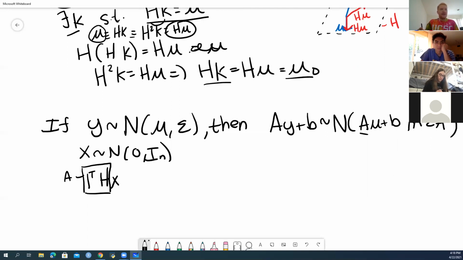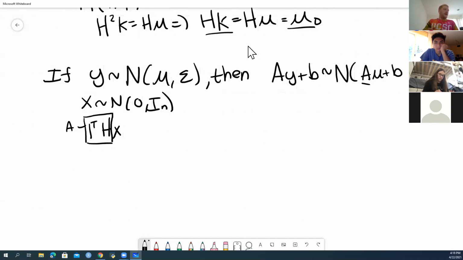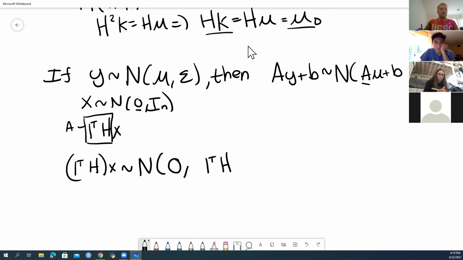And so we can just replace all these A's with this, right? So 1 transpose HX is distributed as normal. It's still 0, right? Because all these are going to be mean 0 if we're just multiplying and not adding anything. And then for this, we need A, which is 1 transpose H, sigma, which is I_n, and then A transpose, which is 1 transpose H.